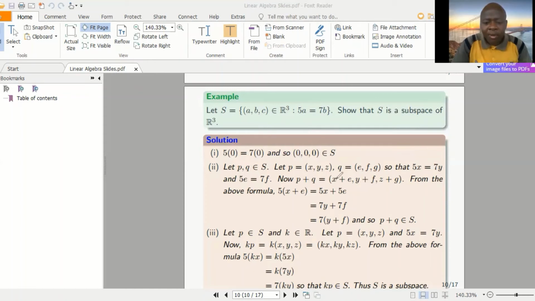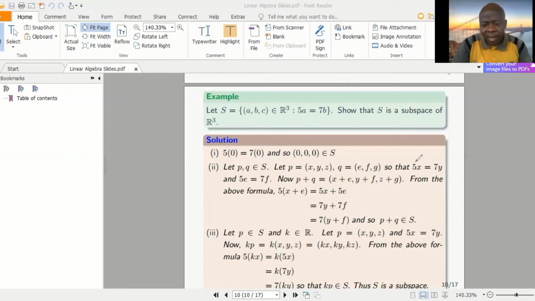So I begin with 5 times the first element. So that is 5 times x plus e. And then use scalar distributivity. So 5 times x plus 5 times e.